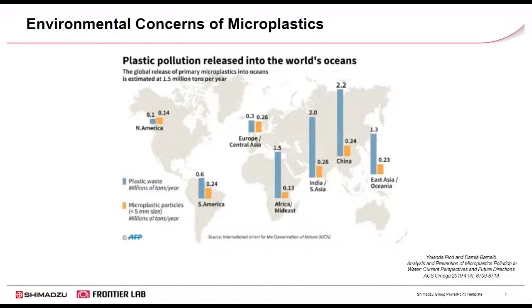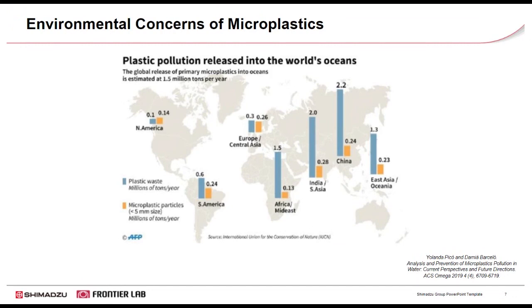In summary of the environmental concerns microplastics produce, we can see here the sheer amount of plastic pollution the world contributes to our oceans. In terms of plastic waste, there are millions of tons of waste that are accounted for globally.